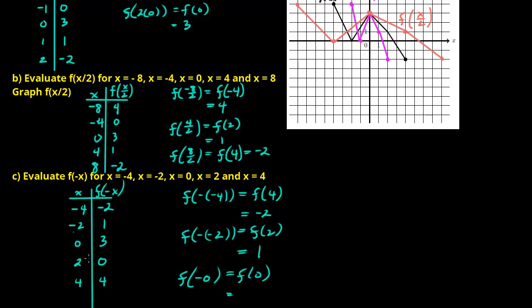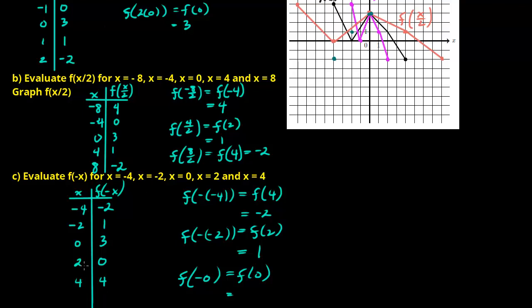So let's go ahead and graph all these coordinates. The first point is negative 4 comma minus 2, which is here. Then negative 2 comma 1 is here. Then 0 comma 3, which is this point.